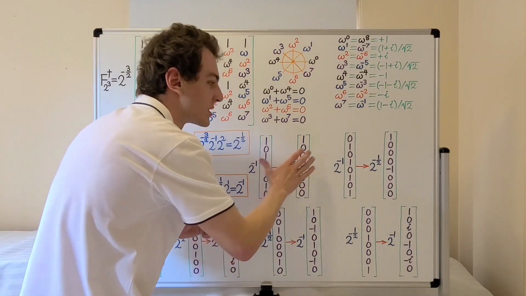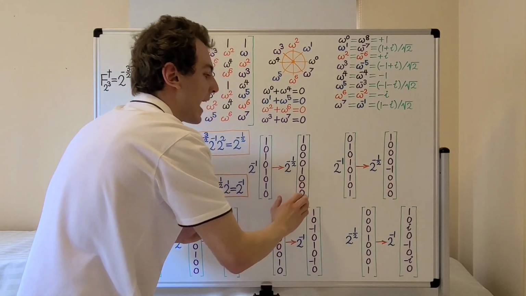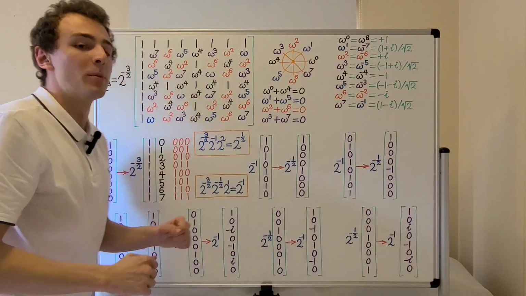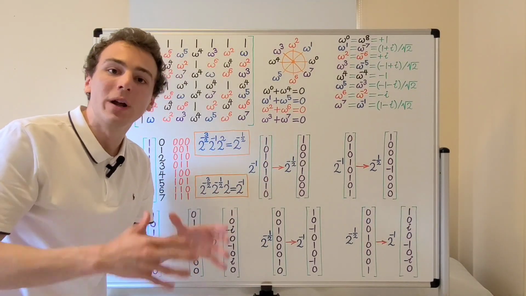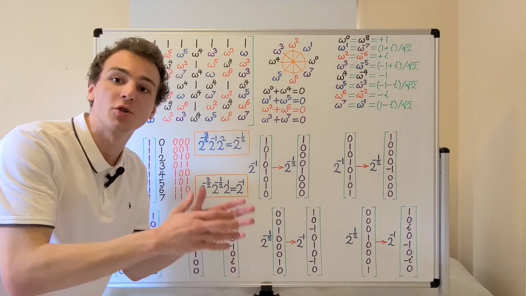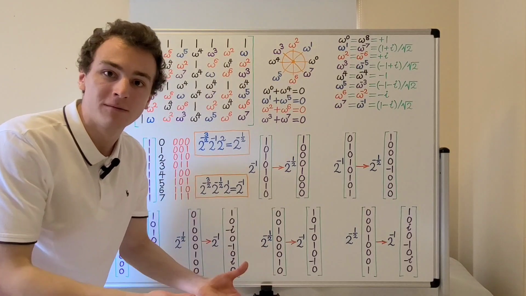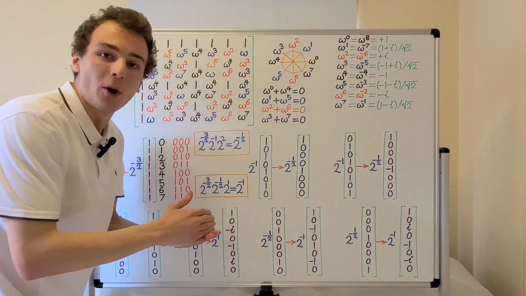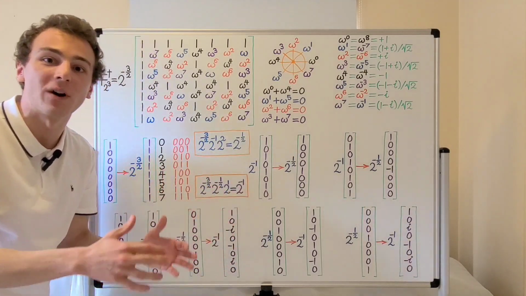So where A equals 11, we mapped these inputs to these outputs. And that is how we go from the state in step 3 to the state in step 4. We apply the inverse quantum Fourier transform to the first register. And that gives us a state that we can now measure.